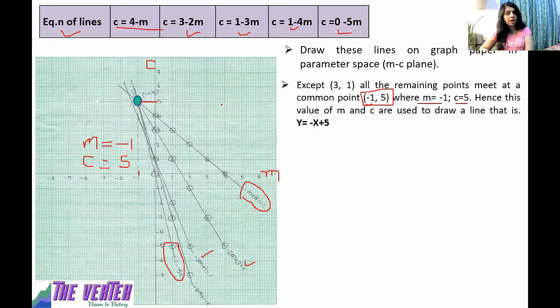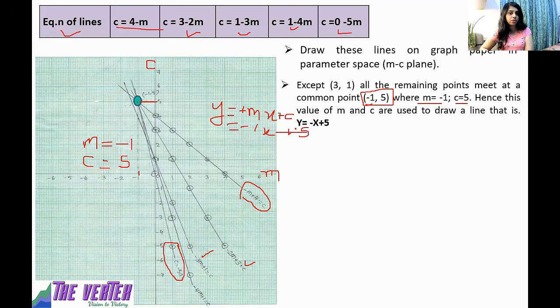The equation is y equals mx plus c. It is not actually minus, it is mx plus c. But here m is minus 1, and that's why it comes as minus 1x plus c, meaning 5.